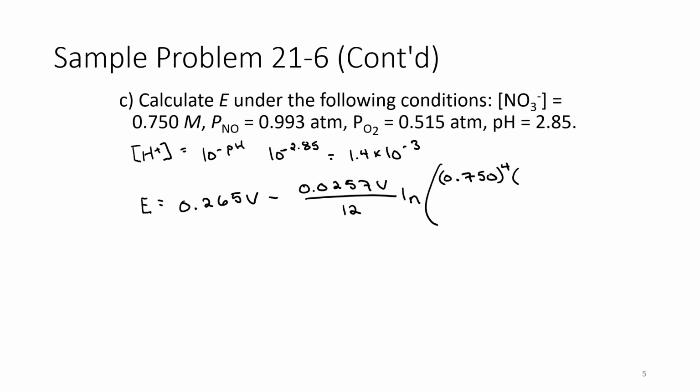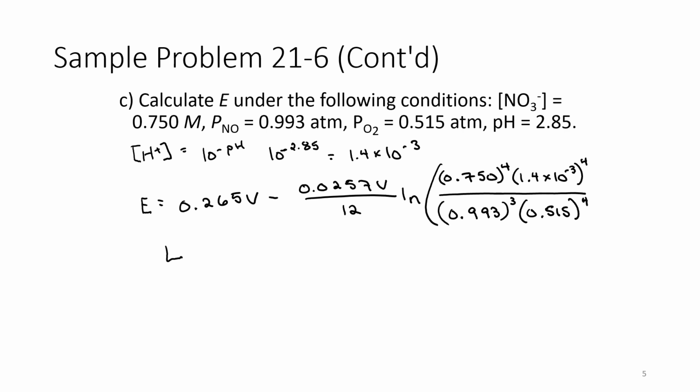Don't make those small mistakes. Times our H+ concentration, which we found to be 1.4 times 10 to the minus third, also raised to the fourth power. Divided by the partial pressure of our nitrogen monoxide, which is 0.993, cubed, times the partial pressure of our oxygen, 0.515 to the fourth power.